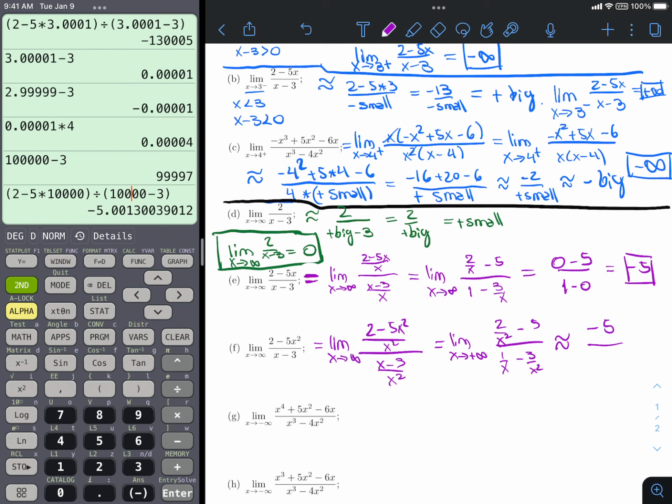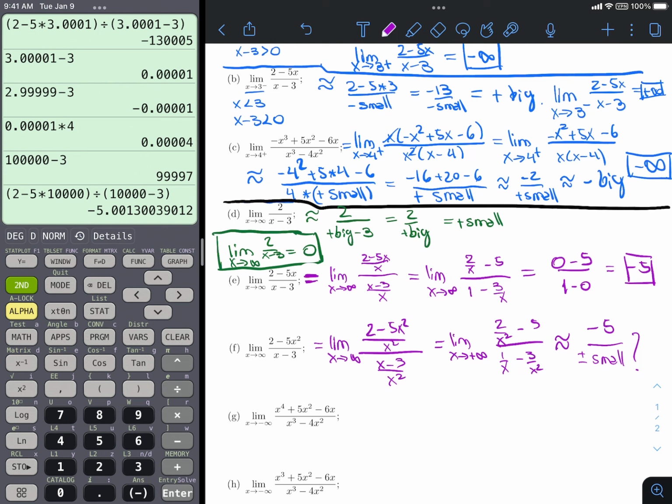Right, so I gotta look at what happens. This is going to be 0 minus 0, so it's going to be about a 0. But is this positive or negative? I don't know. This is much more difficult to see.